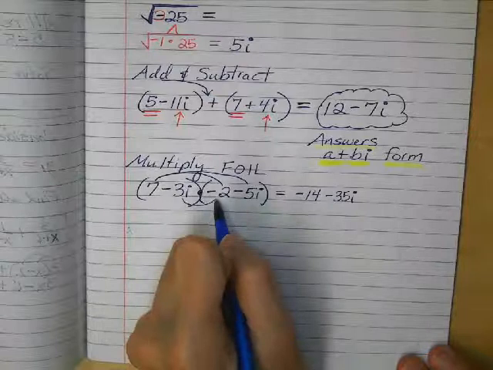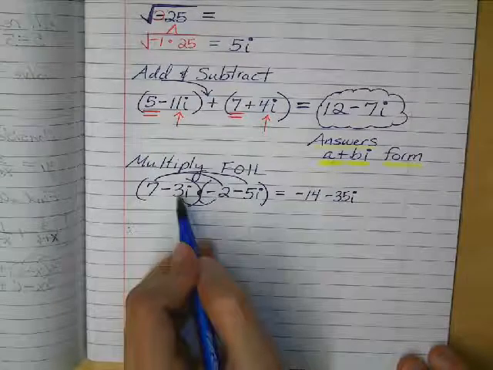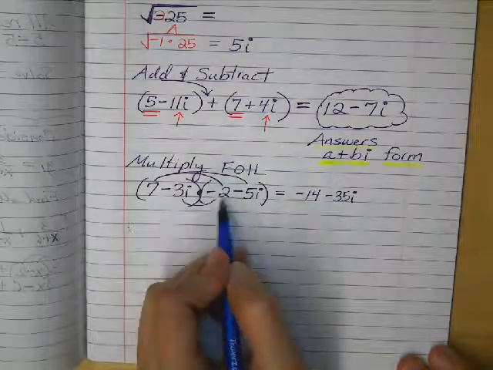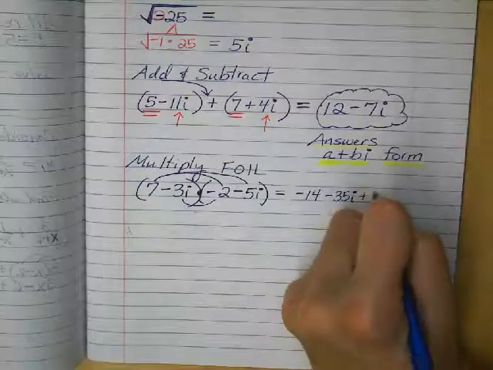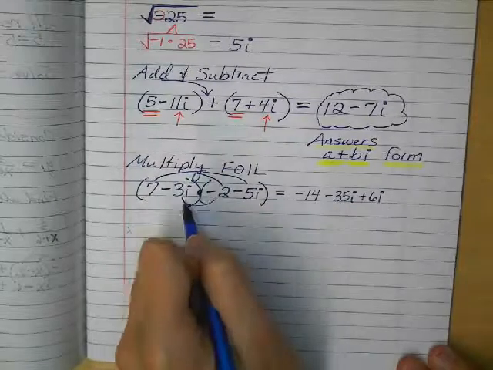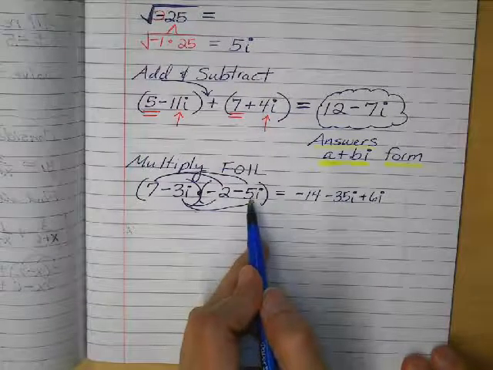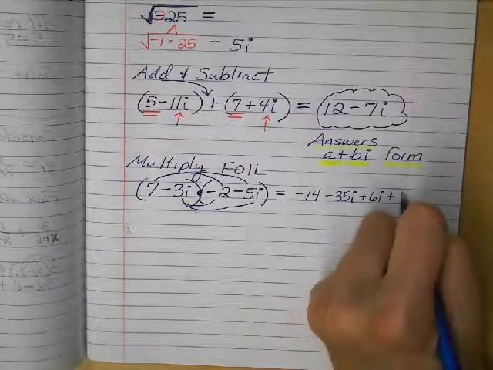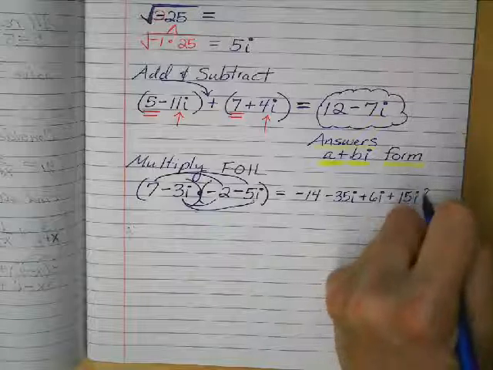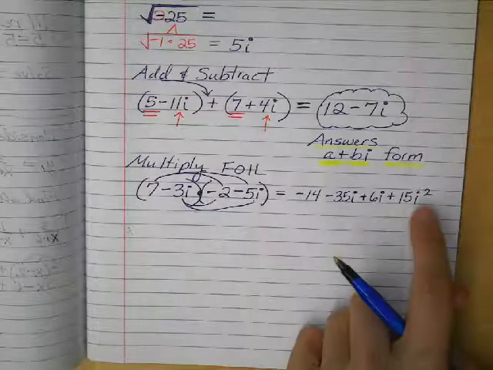Then the inside, what do you get when you multiply the inside? 6i. And then you do last, the -3i times the -5i. Plus 15i squared. Good job. Because that one's i times i, so that one's i squared.